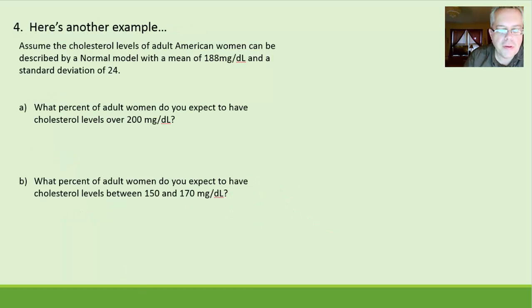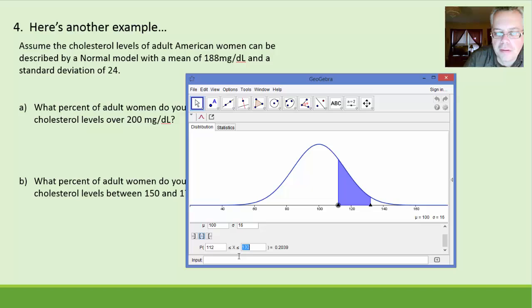Another example here. So again, this time we have cholesterol levels of adult American women can be described by a normal model with a mean of 188 milligrams per deciliter and a standard deviation of 24. So they're telling me that we can approximate the data with a normal curve. So this time our mean is going to be 188.